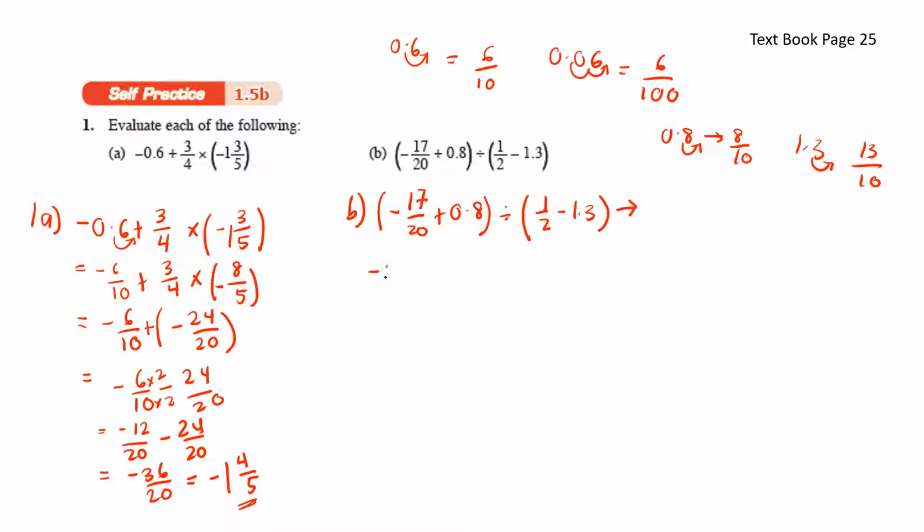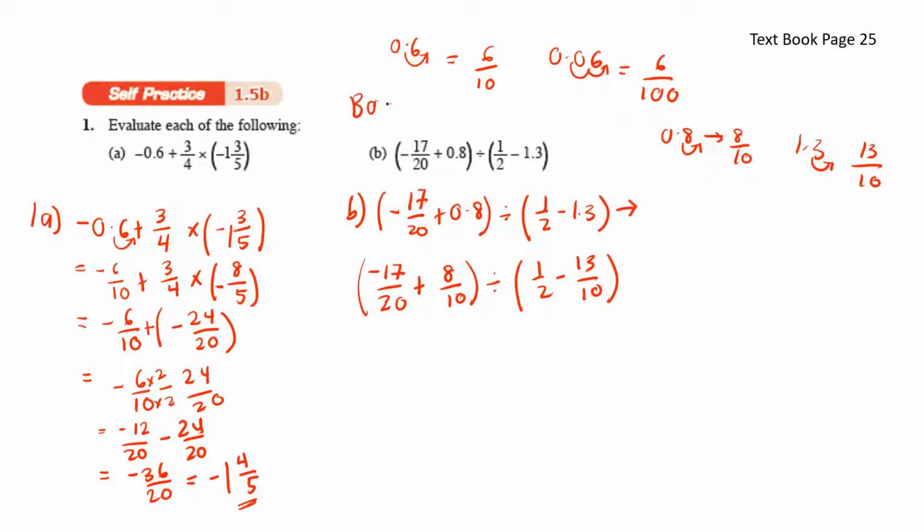Okay, so here we have negative 17 over 20. We'll just rewrite this to 8 over 10 divide by 1 over 2 minus 13 over 10.